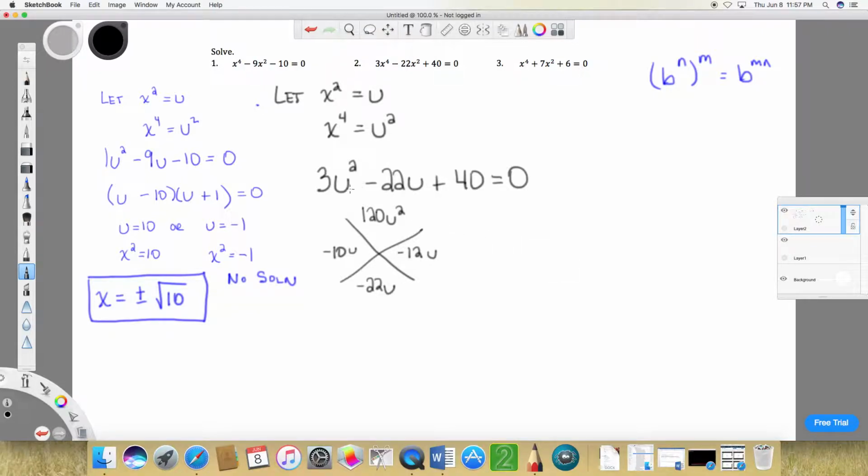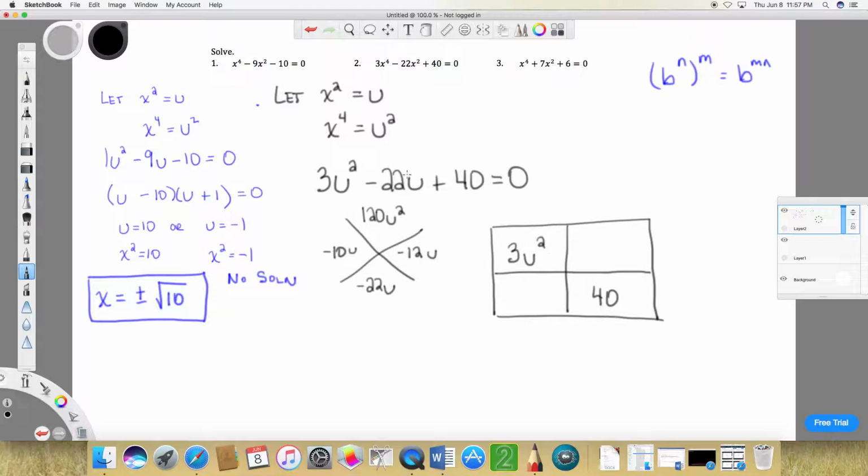Since my leading coefficient was different than 1, I'm going to come over here in the form of a table, and along one diagonal, I return to my equation and write the first term and the last term. And this middle term now, negative 22u, has been split up into negative 10u and negative 12u.